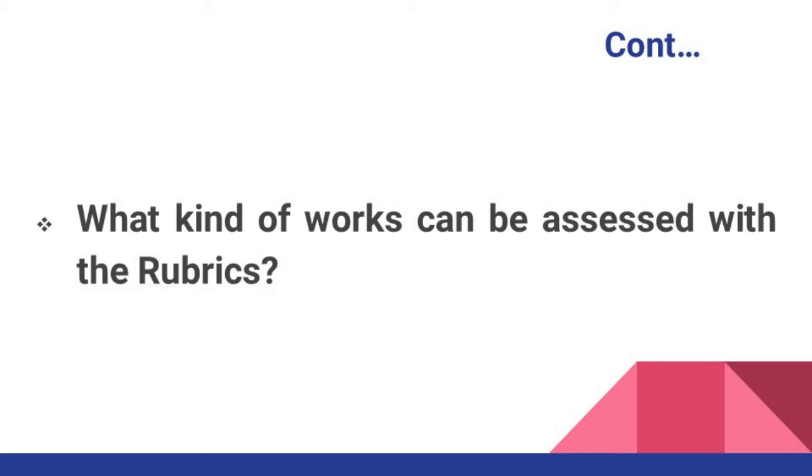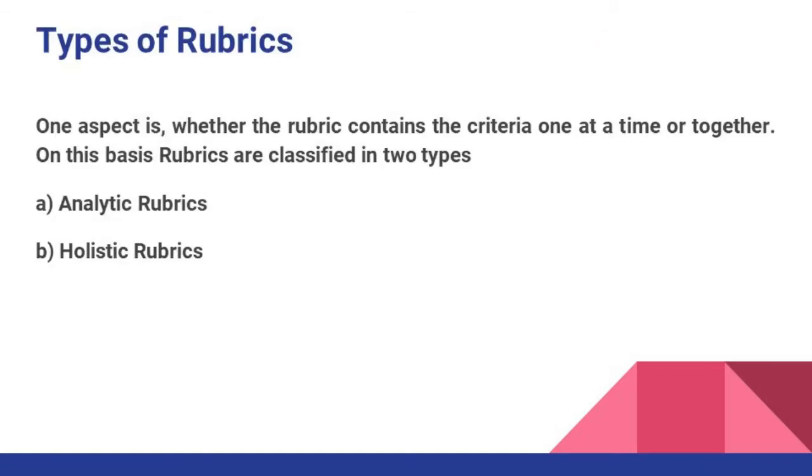Now, moving further, we discuss types of rubrics. S.M. Brookhart has classified rubrics by keeping two aspects under consideration. The one aspect is whether the rubric contains the criteria one at a time or together. On this basis, rubrics are classified into two types: analytic rubric and holistic rubric.